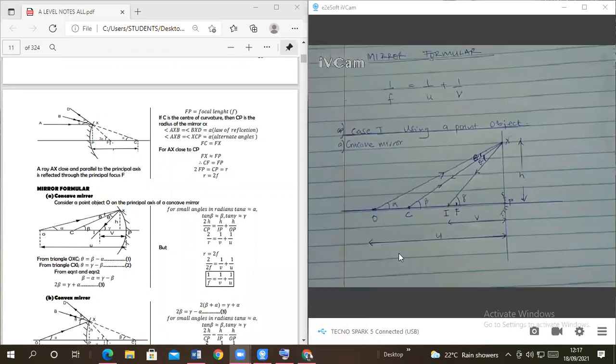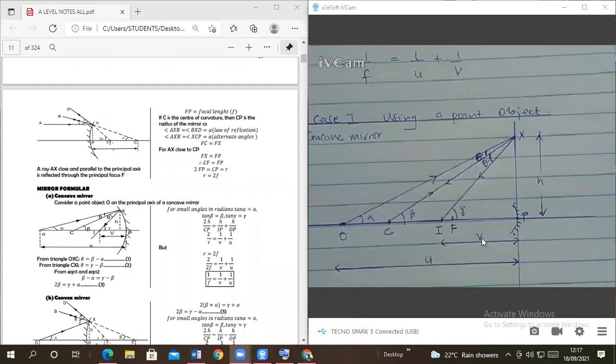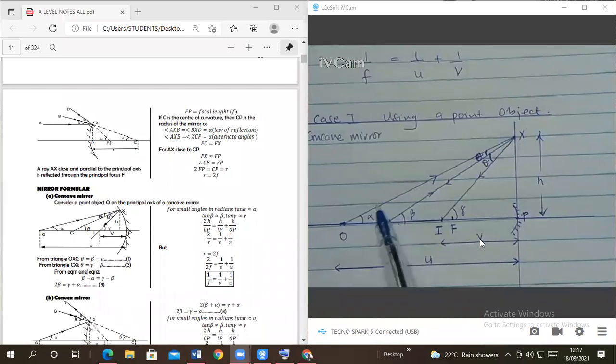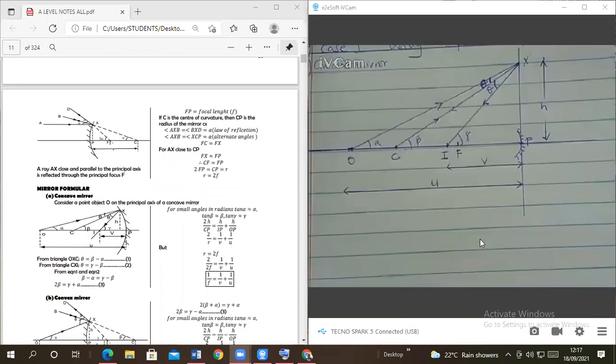First of all, you can see that there are triangles which are being created here. You can see that we have triangle OXC, this small triangle here. And there we are going to apply some of the angle properties in geometry.